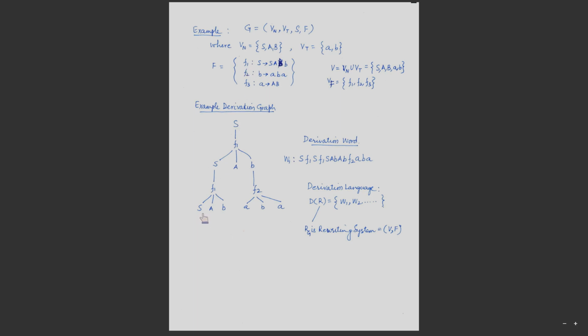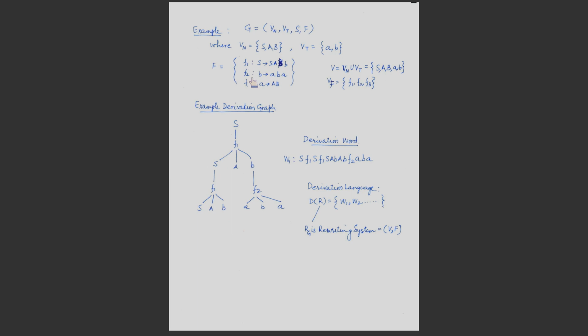Similarly, again S can be applied the same production rule F1, and it can yield SAB. So it is written as S on applying production rule F1 gives SAB. And similarly on this side B can be replaced using this rule.